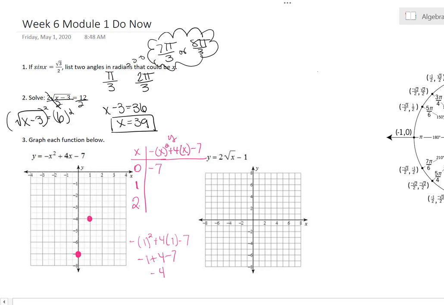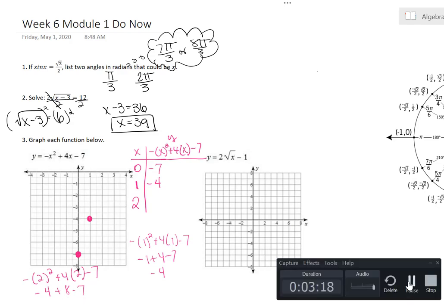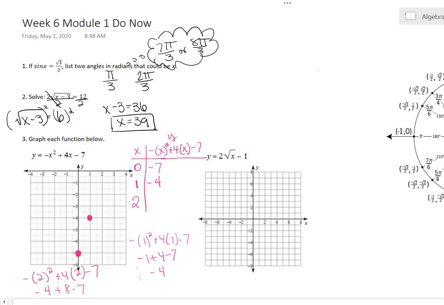If I plug in a 2, we get negative 2 squared plus 4 times 2 minus 7. So right here, again, negative 4 plus 8 minus 7. When I plug in that 2, I get negative 3.